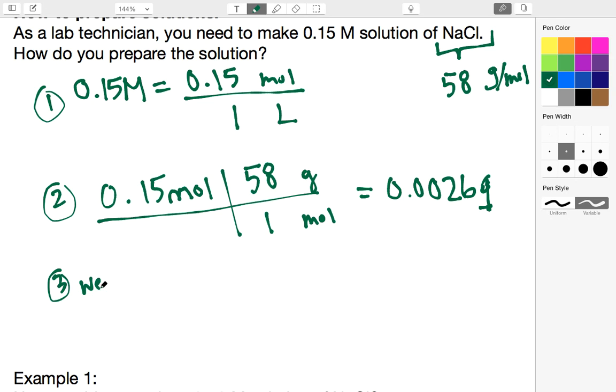So in order to prepare the solution, the first thing I need to do is to weigh out 0.0026 grams of NaCl. And remember, this is going to go in a 1 liter beaker.